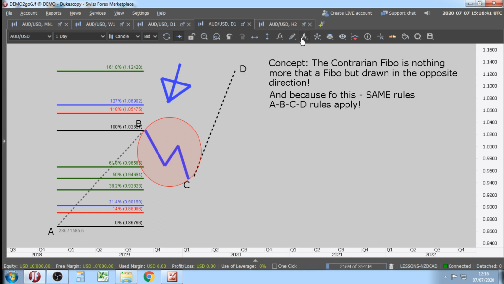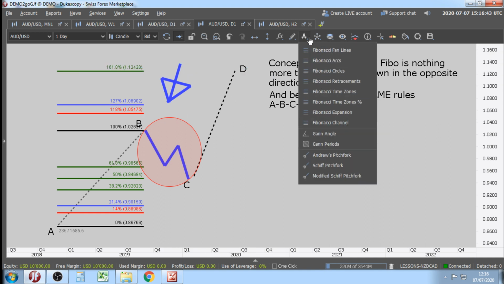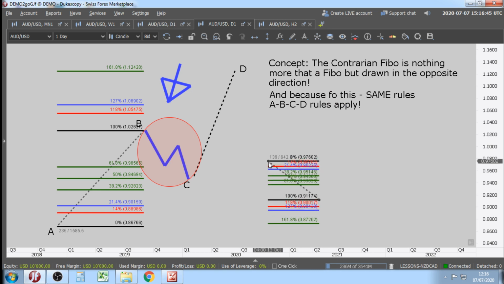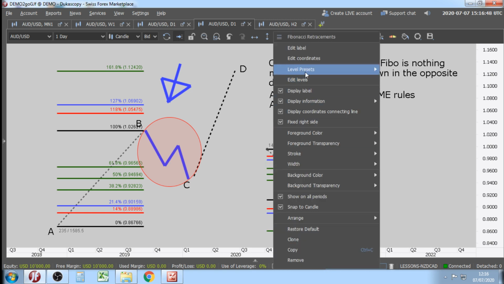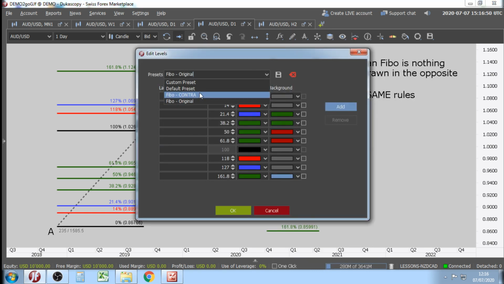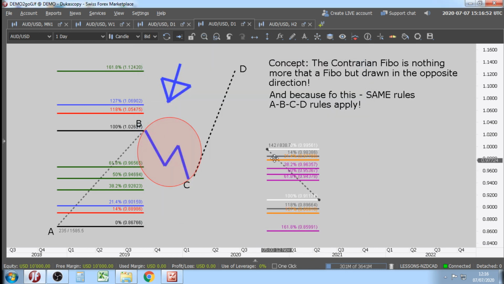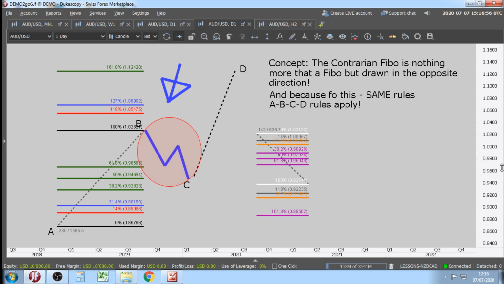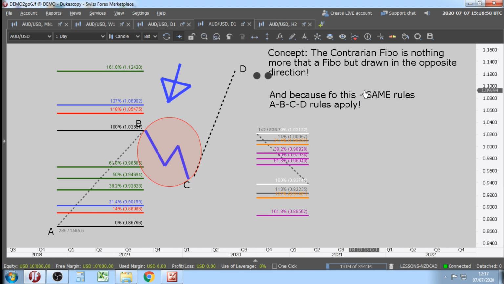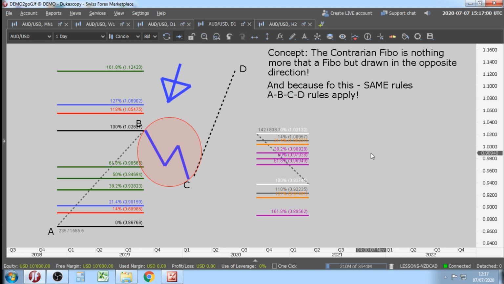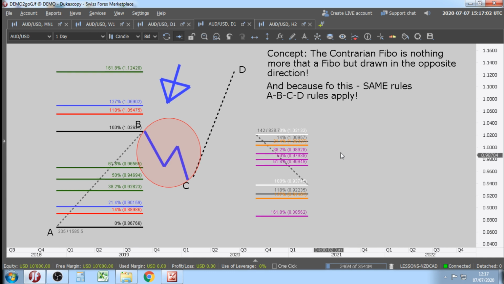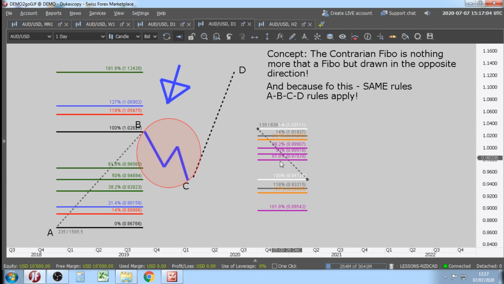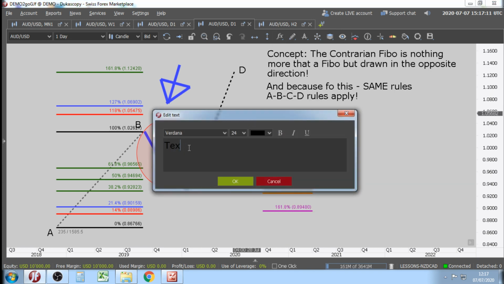So what I'm going to do, everybody, number one, and I would suggest to you, have different colors for different Fibonacci, so you are not going to mix them, okay? There is no right or wrong, but I'm telling you, you are going to mix the Fibonaccis. And so I'm going to draw my contrarian Fibonacci and name it.